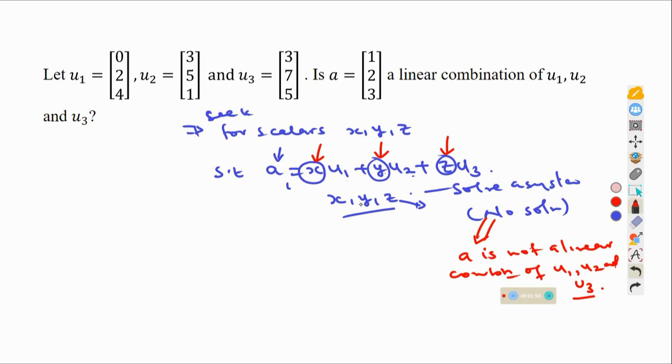But if you solve that system and you cannot get the value for x or y or z, or if there is no solution, then you will give your conclusion that A is not a linear combination of the given vectors. So you will try out this and see what it will give out. So that is where we shall stop for today.